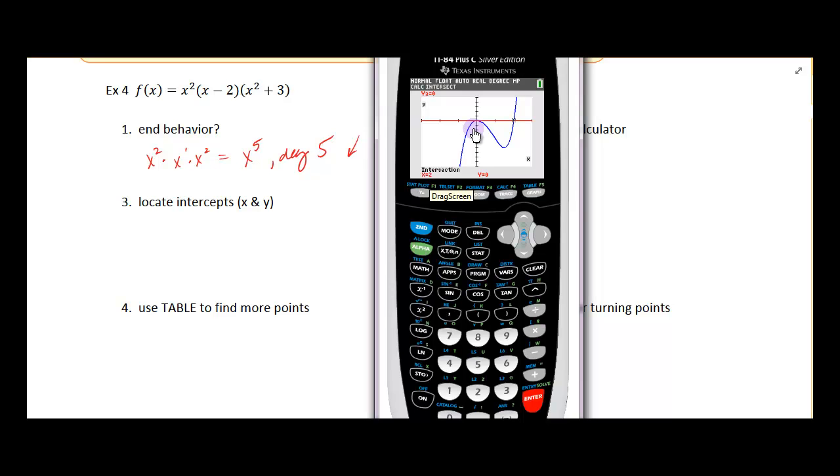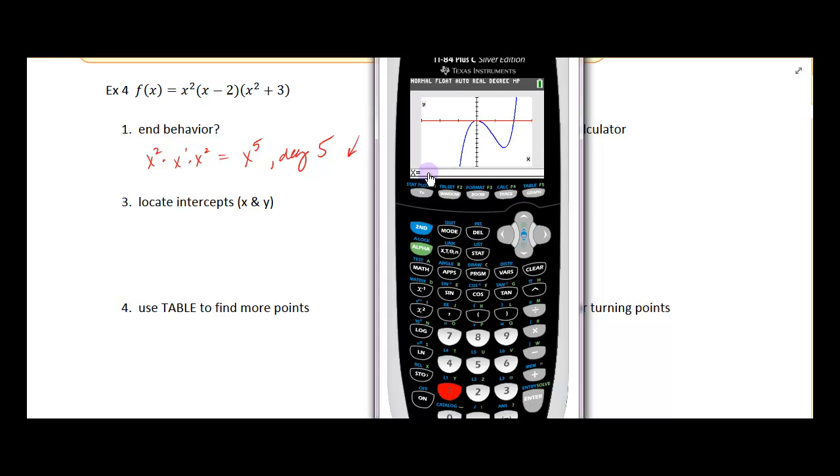So I can check that by putting in a value. I could use my table as one of the ways to do it, or I can do second trace value. Now that wasn't what I wanted. Let's try again. Second trace number 1.